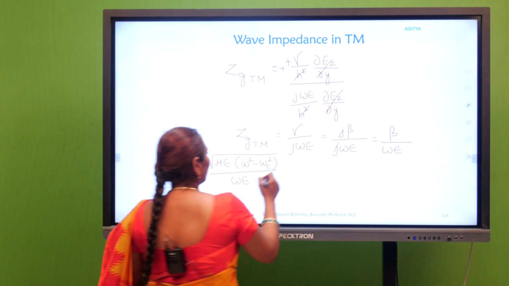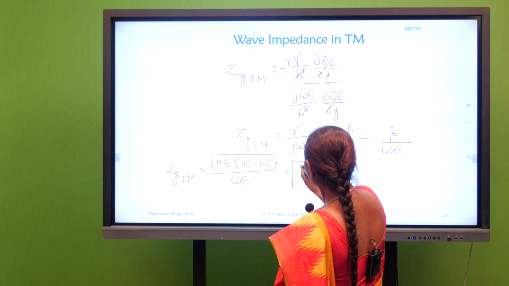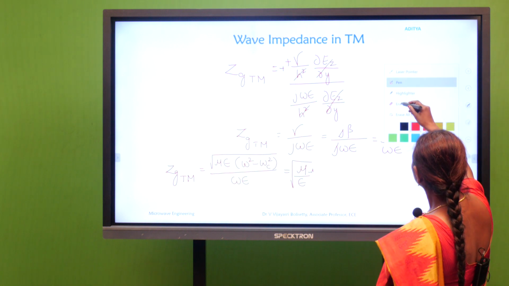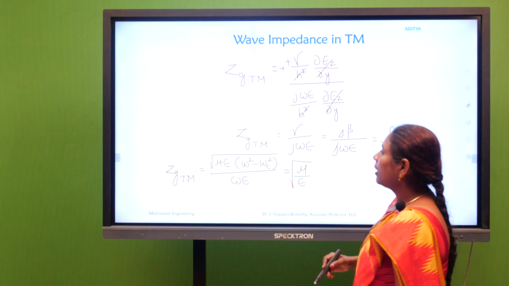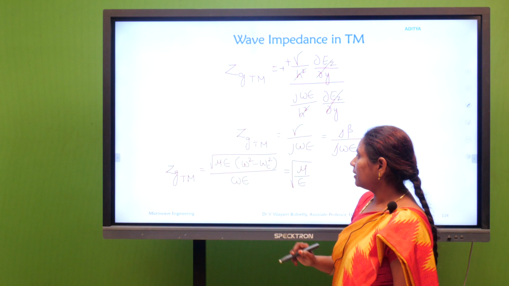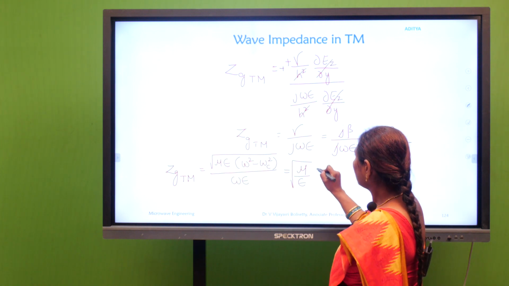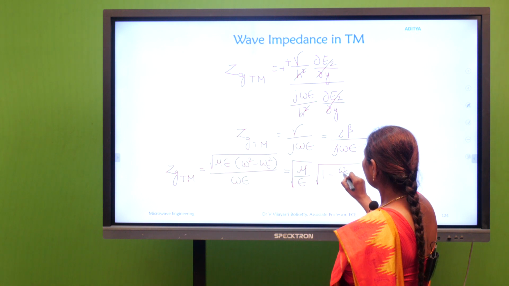So, this term we can write it as root mu by epsilon, and if you take omega as common from this, the omega gets cancelled, and so we are going to get into root 1 minus omega c by omega whole square.